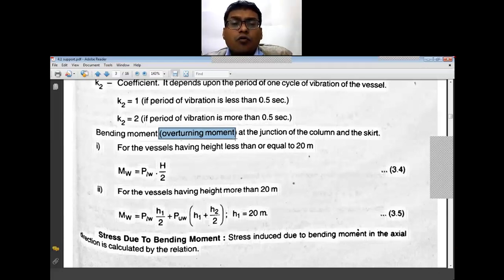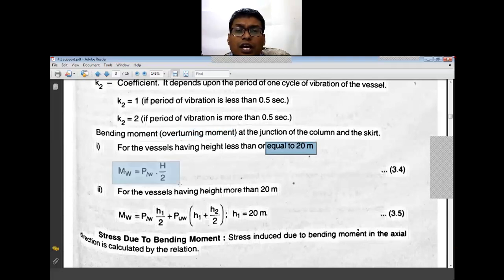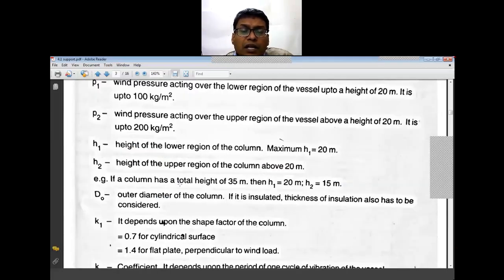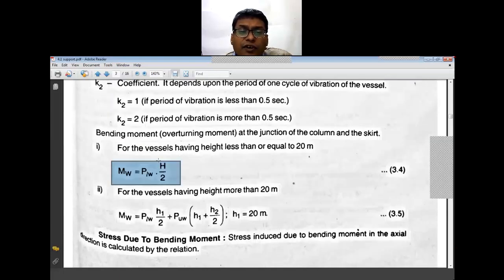Then for the vessel having the height less than or equal to 20 meters, my bending moment formula is nothing but the wind force multiplied by half the distance, h by 2, that is PLW into h by 2. Generally the bending moment is taken at half the distance.